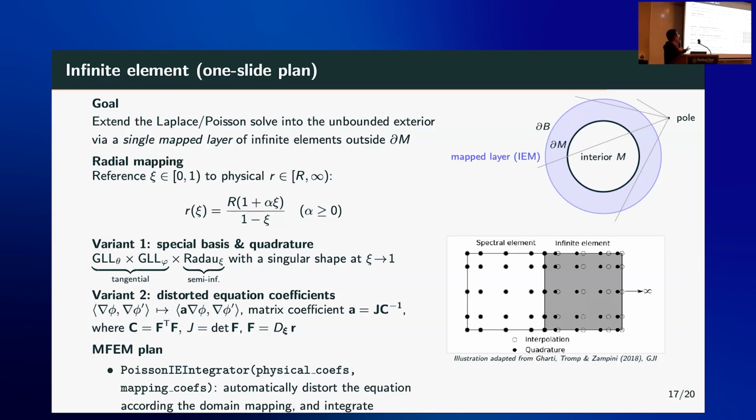In this way, the advantage is that we don't customize our basis functions. We don't need to change the quadrature rules. We can use standard MFEM commands. We plan to build a Poisson IE integrator. So when you input the coefficients of your mapping, it will automatically distort the equation for you. And then it integrates in the standard Gauss-Lobatto basis functions.